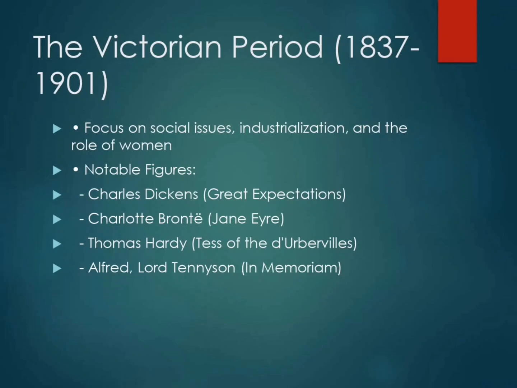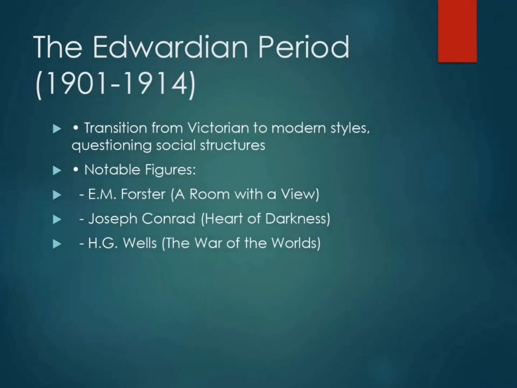Then after the Victorian age comes the Edwardian period. It started from 1901 and continued till 1914. It was a major transition from Victorian to modern styles. It was often seen questioning the social structures prevailing at that time in society. Some of the notable figures are E.M. Forster, Joseph Conrad, and H.G. Wells.